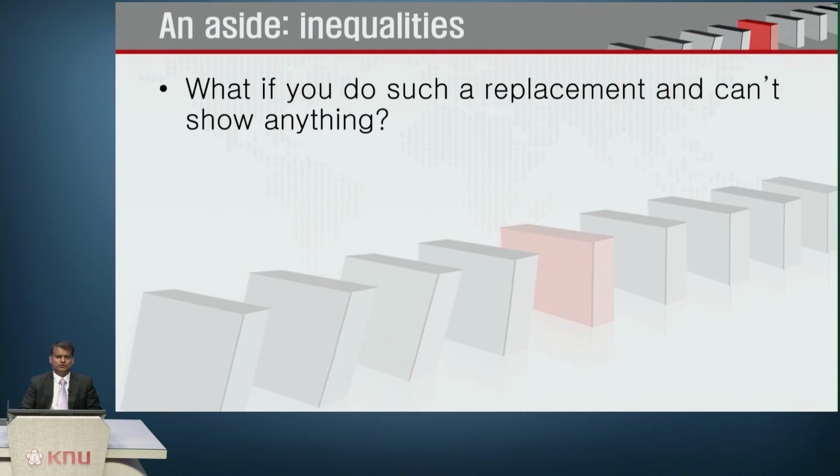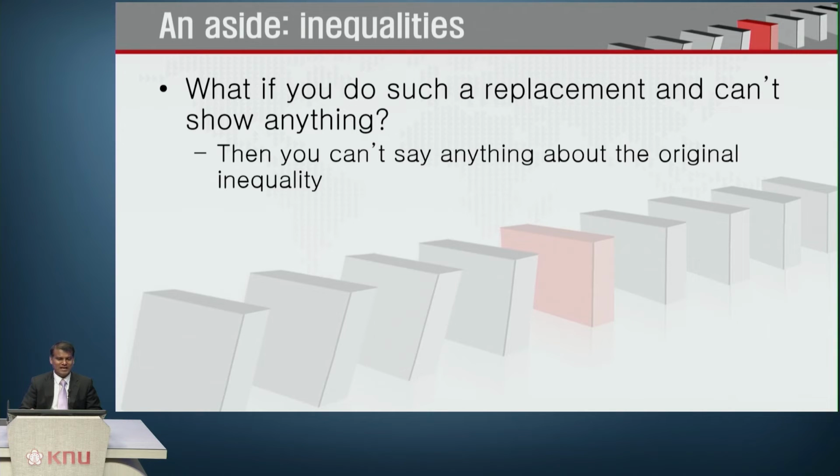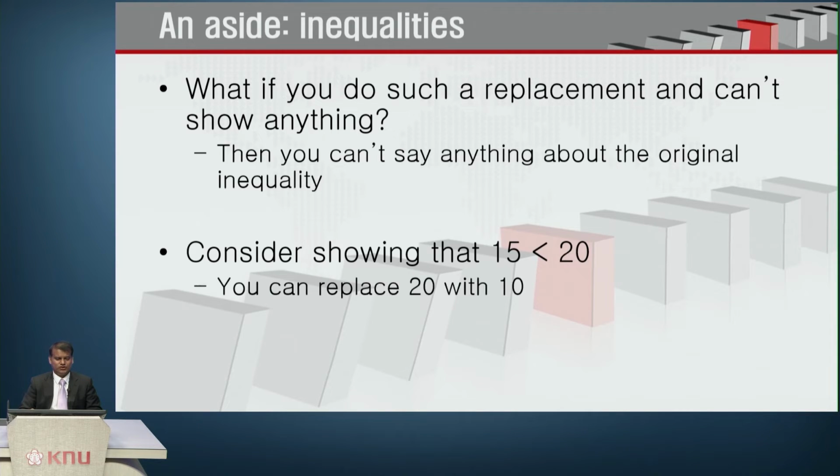What if you do such a replacement and can't show anything? In the last two slides we saw some simple examples where you showed the proof. But sometimes you can't show that the original inequality is true. Say for example you have 15 is less than 20 and you replace 20 with 10, but you can't show that 15 is less than 10.